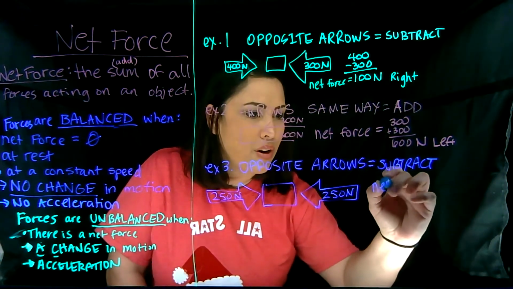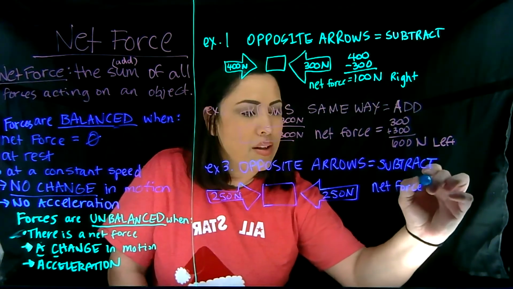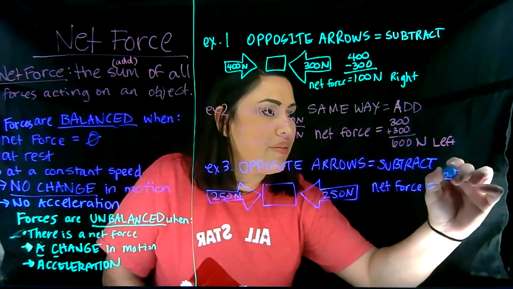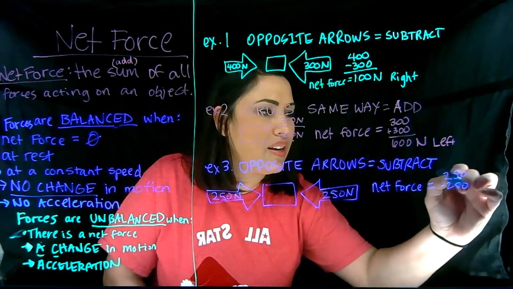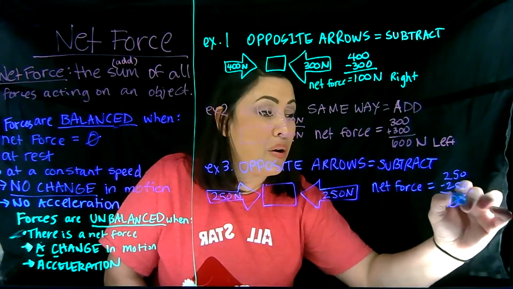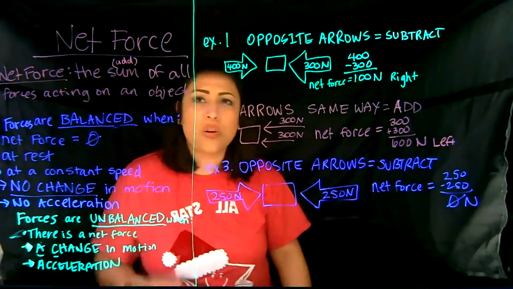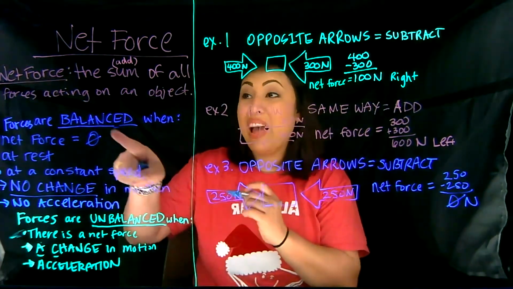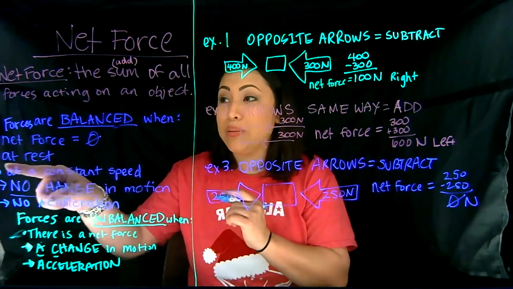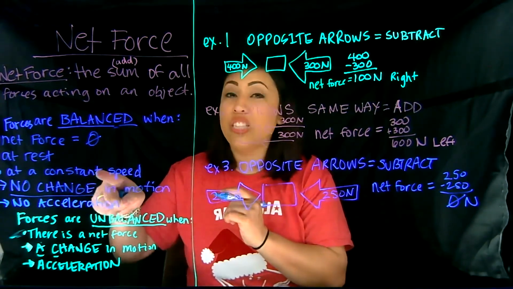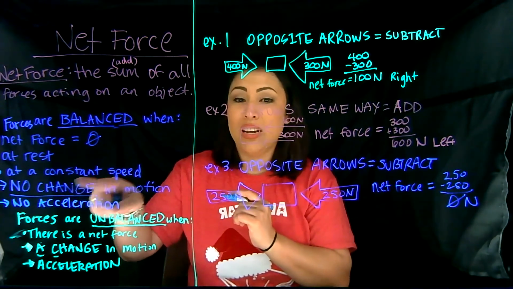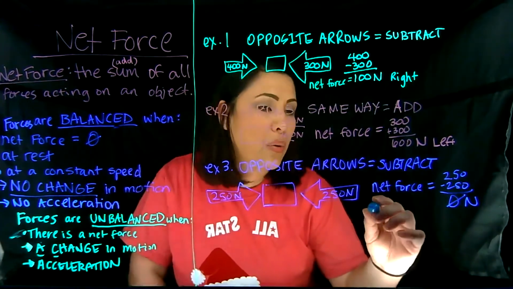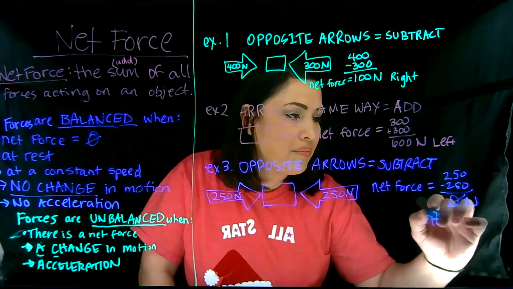So our net force equals, subtract 250 minus 250 is 0 newtons. So what does that mean when we have 0 newtons? Look back over here. Our forces are balanced, which means there's no change in motion. So this object here, if it's at rest, then it's going to remain at rest.